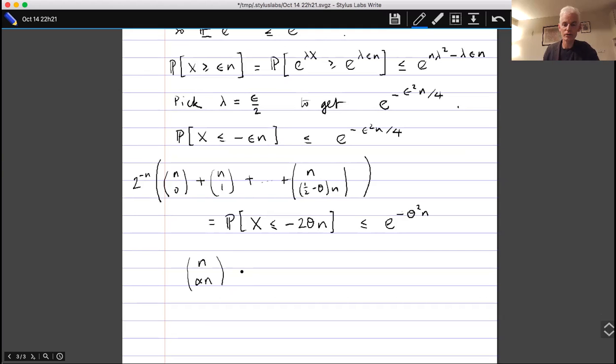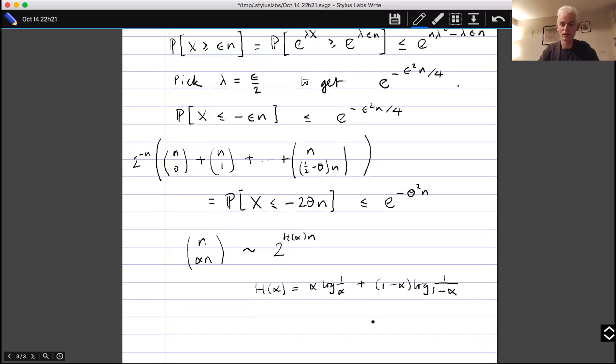And we shall see later on that that is pretty close to 2 to the h of alpha n, where h of alpha equals alpha log 1 over alpha plus 1 minus alpha log 1 over 1 minus alpha. This is just a preview. Don't worry about this too much at the moment if you don't want to. This is called the entropy function.